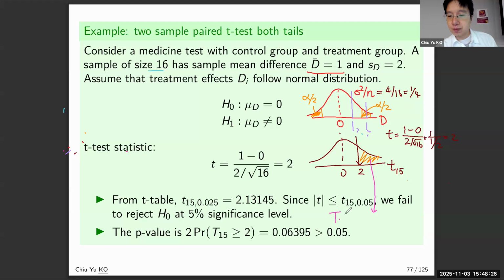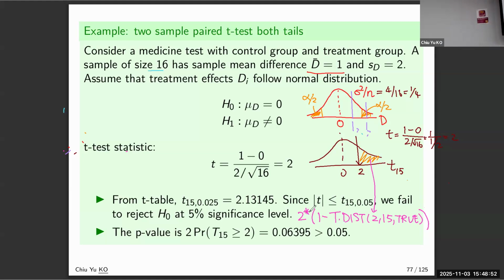Just use t cdf of 2 with 15 degrees of freedom. But you remember it should be 1 minus, because you only have the error on the right-hand side. Then because it's a two-tailed test, you multiply by 2.